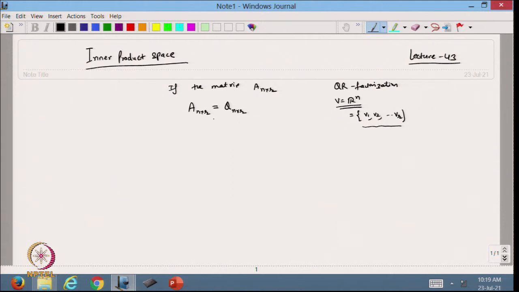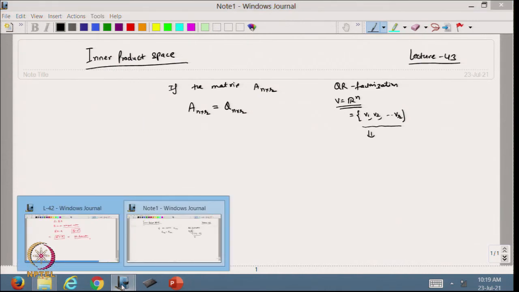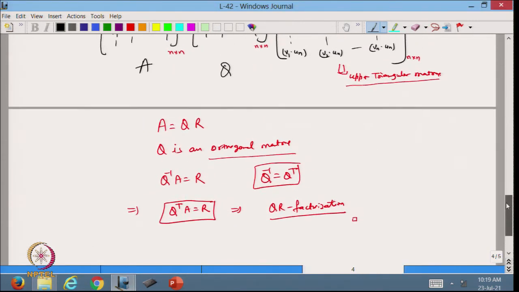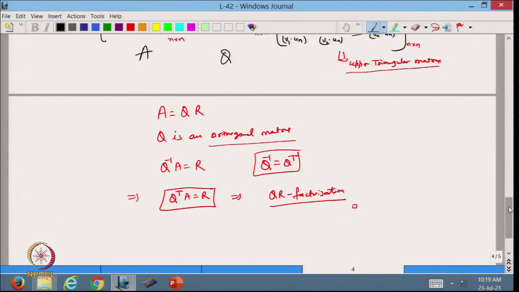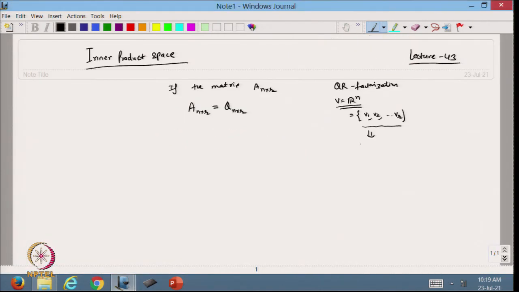So, based on this we will convert this into an orthogonal set of vectors, which we represent by u. So, this is my basis, and then I will convert this into orthonormal vectors with the help of the Gram-Schmidt process.